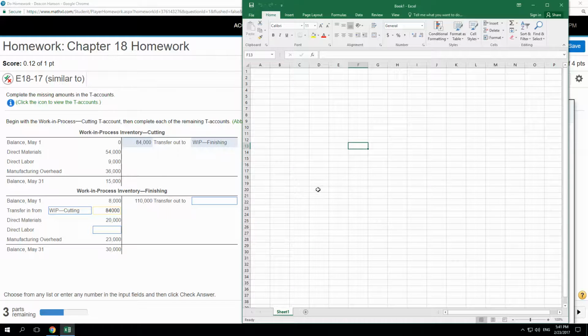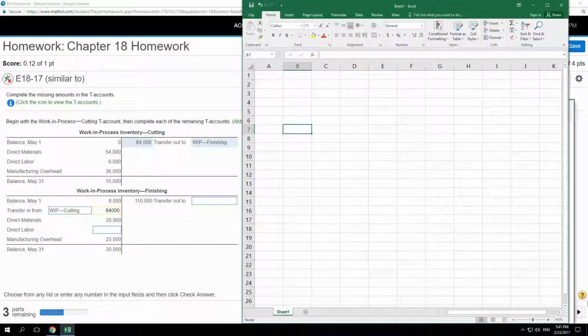You can go 8,000 plus 84,000 plus 20,000 plus, we'll call it x because we're solving for x, plus 23,000 minus 110,000 equals 30,000.